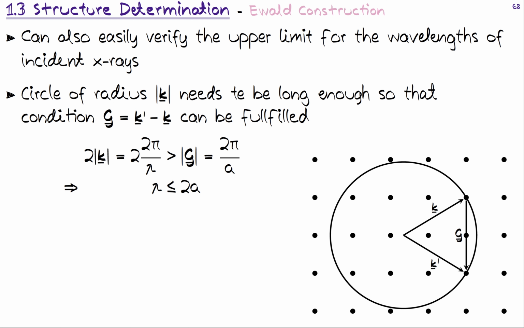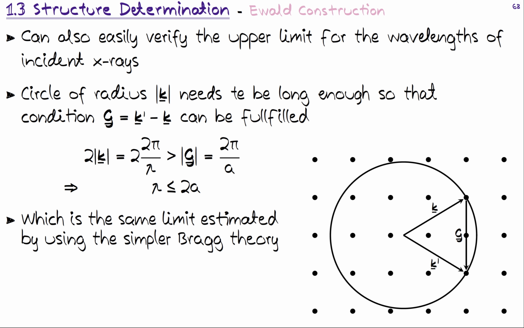This gives the condition that the wavelength of my X-ray must be smaller than 2 times a. This is exactly the same limit that we estimated using the simpler Bragg theory. So this is a good sanity check to verify that this more general treatment provides the same predictions as the simple one, and it's good to see that we do get reasonable predictions out of the more general case.